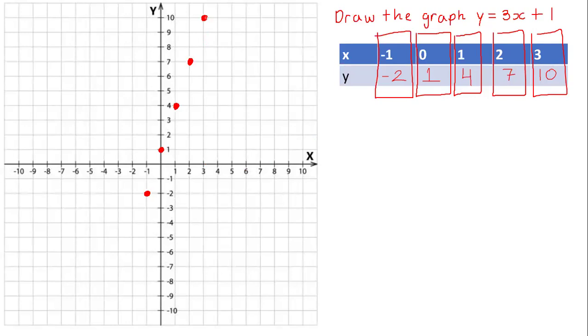All right, now after we already done that, what we're going to do is we're going to graph our line. So we have this from this one to here.